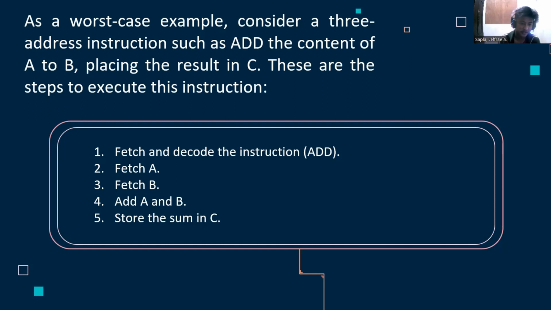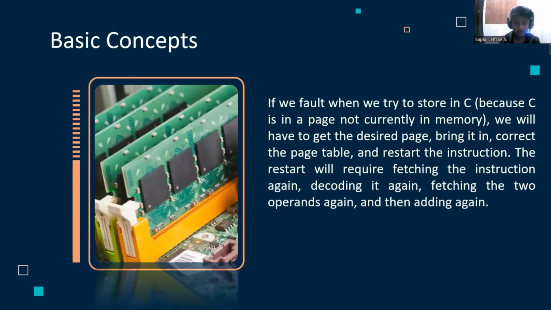The first one is to fetch and decode the instruction, that is the ADD. Then fetch A, fetch B, and add the fetched A and B, then store the sum in C. If we fault when we try to store in C, because C is in a page not currently in memory, we will have to get the desired page, bring it in, correct the page table, and restart the instruction. The restart will require fetching the instruction again, decoding it again, fetching the two operands again, and then adding again.